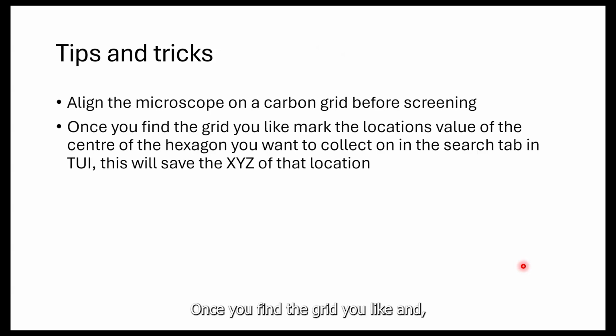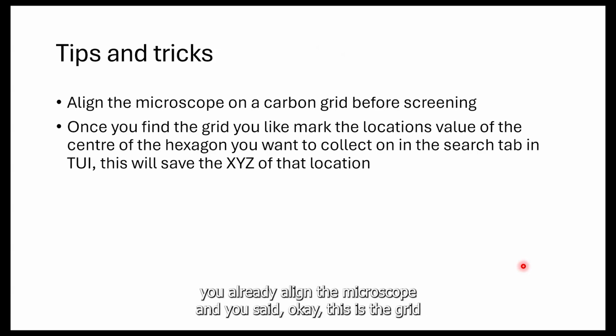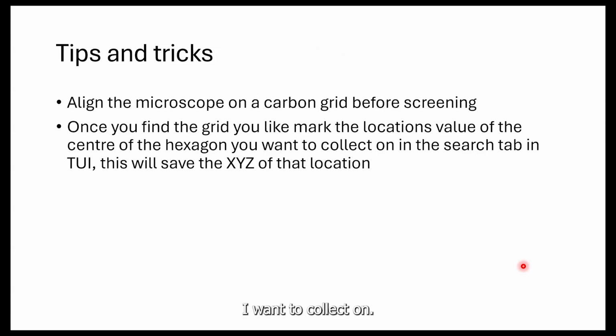Once you find the grid you like and you already aligned the microscope and you said, okay, this is the grid I want to collect on, go to each center of hexagon you want to collect on, and in the TUI, the TEM user interface, go to the search tab and click save location. This will save the X, Y, and Z of that location.